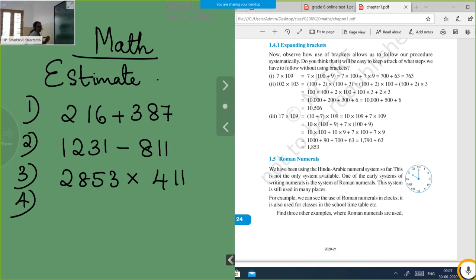Teacher is giving 5 questions. You have to write down the answers now itself. At the end of the session, teacher will ask, and you have to say the answer, okay?